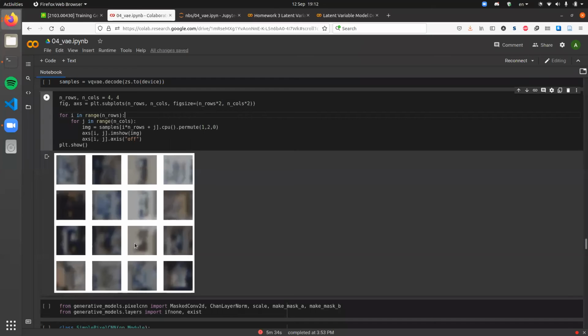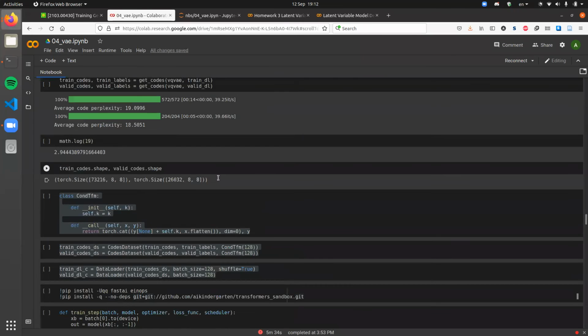But with time, I believe if we put more effort on this prior modeling, we can get really nice samples here as the reconstructions.